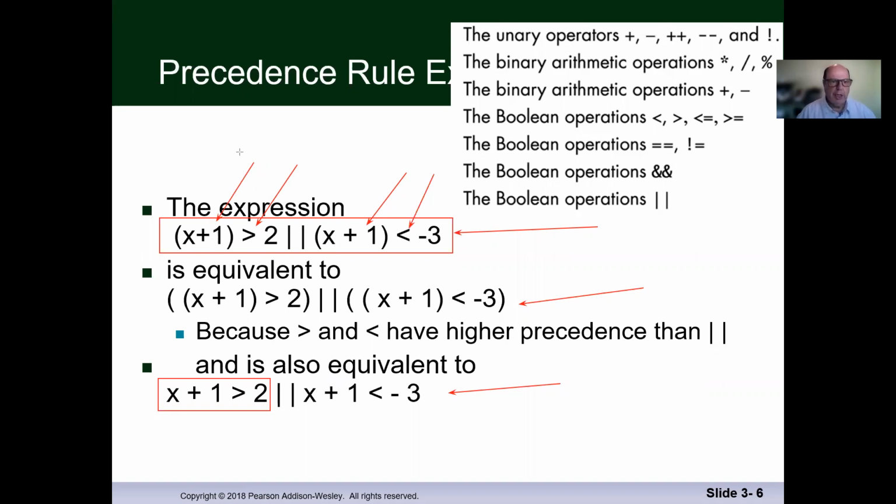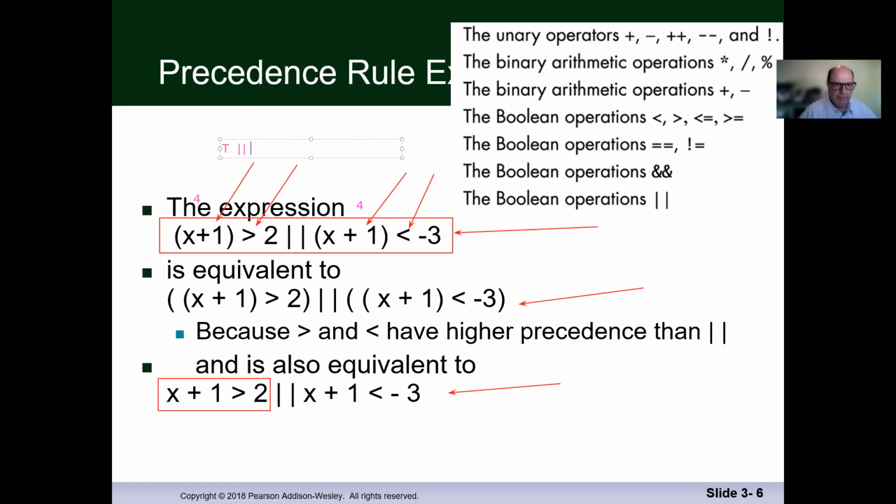So now I have 4 over here, and I have 4 over here. So this becomes 4, and that becomes 4. Is 4 greater than 2? Yes, so I have a true over here. And then I have my OR. And then I had 4. Is 4 less than negative 3?